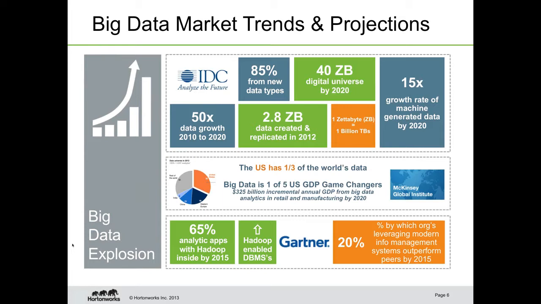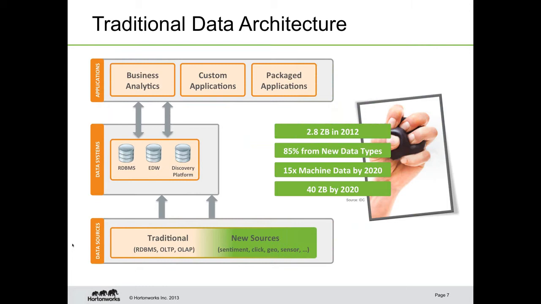Now there's also a general increase in the number of Hadoop-enabled relational database systems and database management systems, and Gartner research points to a very, very clear advantage, 20% advantage for organizations that are leveraging modern information management systems to outperform their peers by 2015. So organizations that can get a handle on these new data types using technologies like Apache Hadoop stand to have a substantial advantage in the marketplace over their competitors.